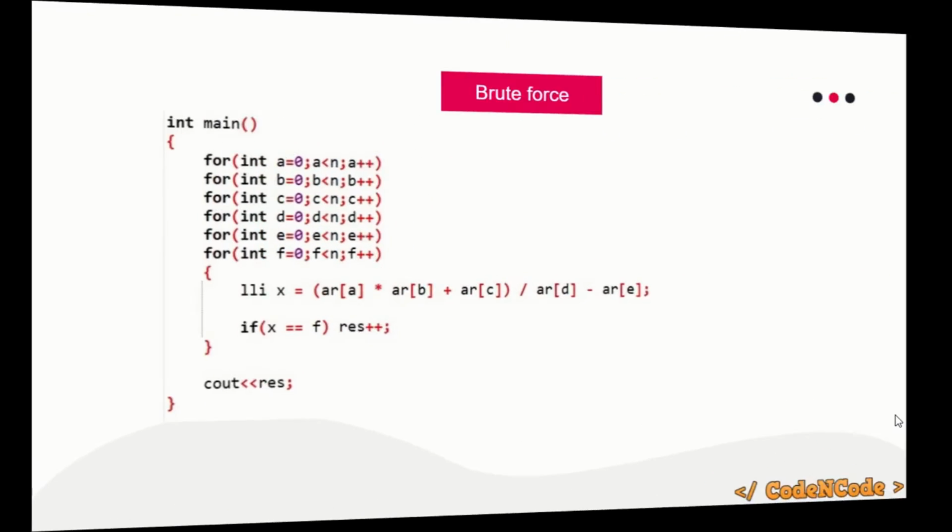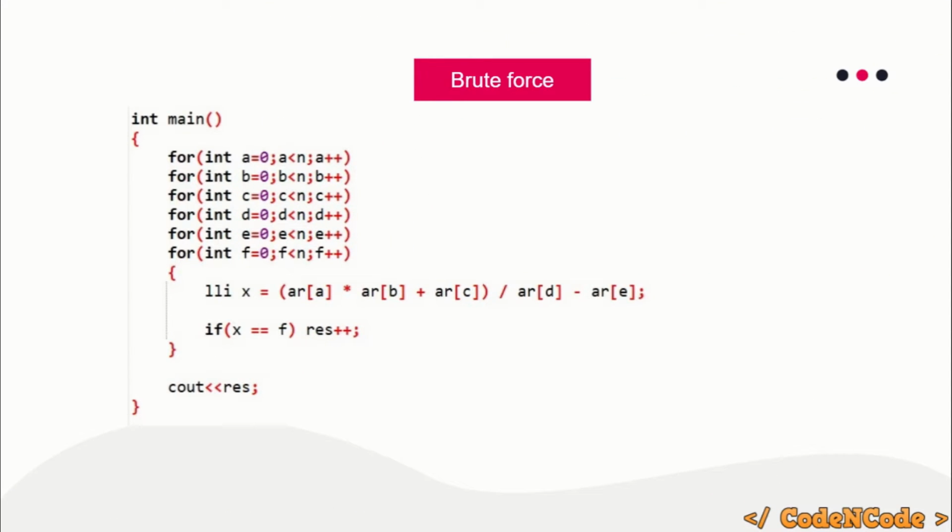Using the brute force approach. The brute force approach is simple and straightforward. We have 6 variables in the equation, so use 6 nested loops, one loop for each variable, right? And then simply check whether the equation holds or not. The equation was a times b plus c, divided by d, minus e, is equal to f or not, and that is exactly what we are checking.